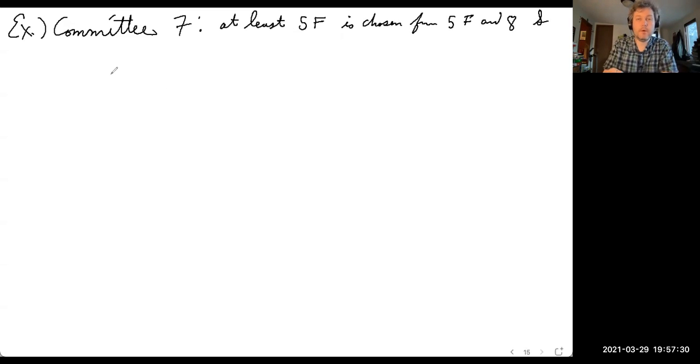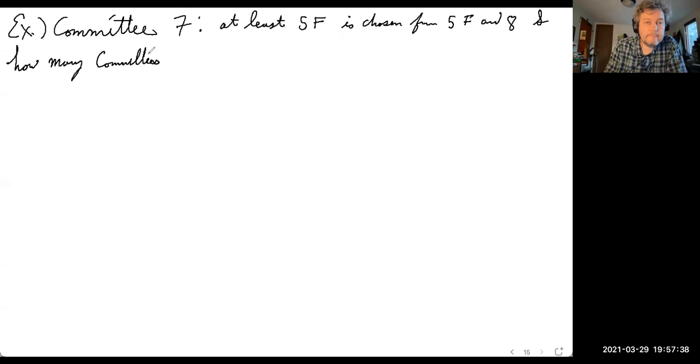How many committees are possible? So we're having a committee of 7. So there's 7 people. We're doing at least 5 freshmen, and then we're choosing it from 5 freshmen and 8 sophomores. So let's figure out what we can do.